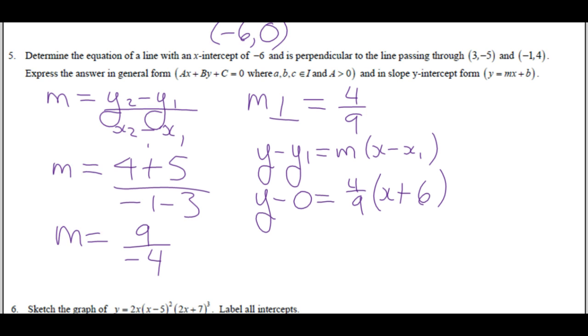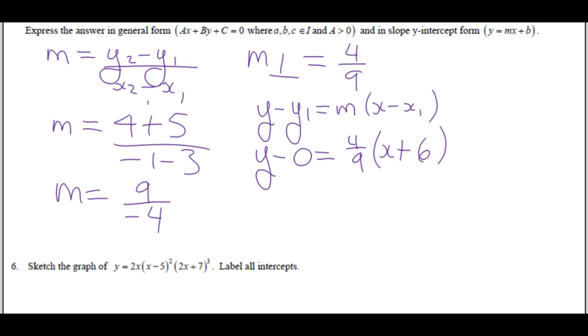Okay. All right, so y minus 0 is just y. So y is equal to 4/9 x plus 4/9 times 6. Give yourself 24 over 9, 8 over 3. Cancel the 6 into the 9. 2 over 3, 8 over 3. 8 over 3.